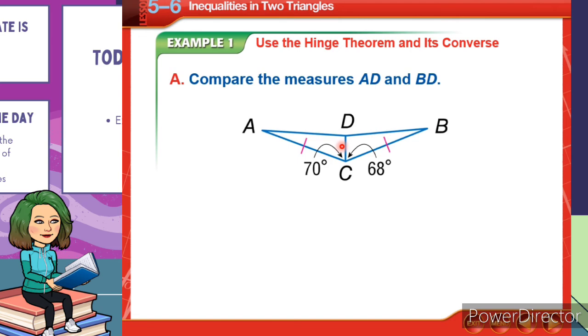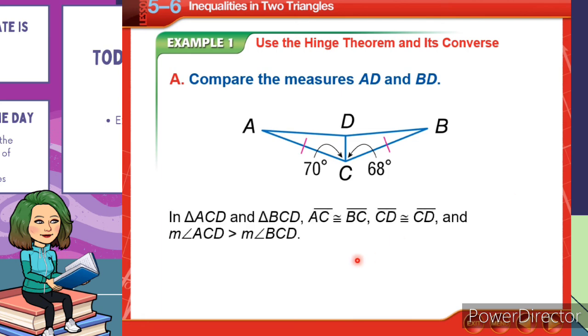So, ang given din ang isang angle ng isang triangle, which is 70. Sa other triangle naman ay 68. So, we are now talking here side, angle, side. So, siya ay hinge theorem. Yan. In triangle ACD and triangle BCD, AC is congruent to side BC.